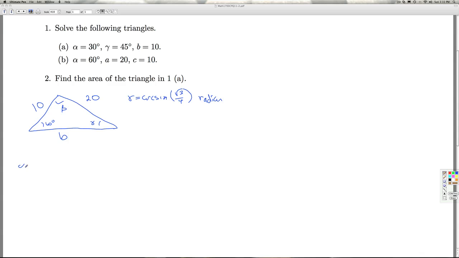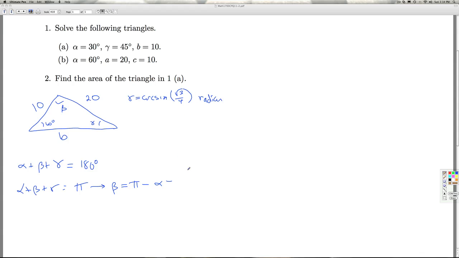I know that when I add up the angles of a triangle, they add up to 180 degrees, or in radians, if I'm using radian measure, that's pi. And so we've got degrees on one hand, we've got radians on the other. How can we marry these two? Well, I'm just going to use radians, and then we'll convert to degrees at the end, because alpha is easy to write in radians.